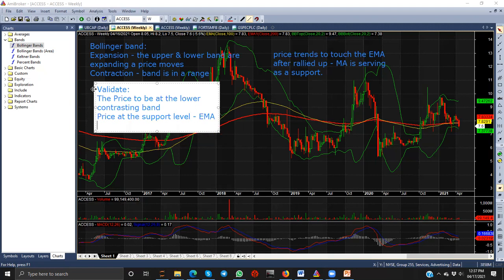Then the final thing is you want to see, most importantly, a pattern at the support. If you see those three happen, then you can take action. But if you don't see any of them, go to another one, go to another store, forget about it.